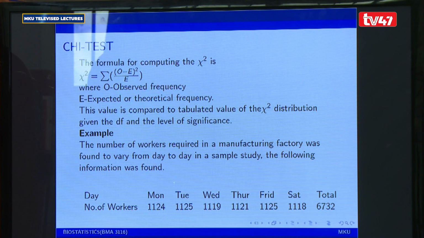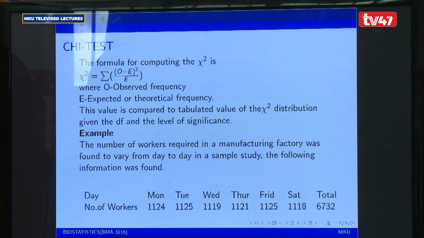So we can look at an example on the same. Now, the number of workers required in a manufacturing factory was found to vary from day to day in a sample study. The following information was found. So this is a table representing the number of workers who are required in a manufacturing plant.